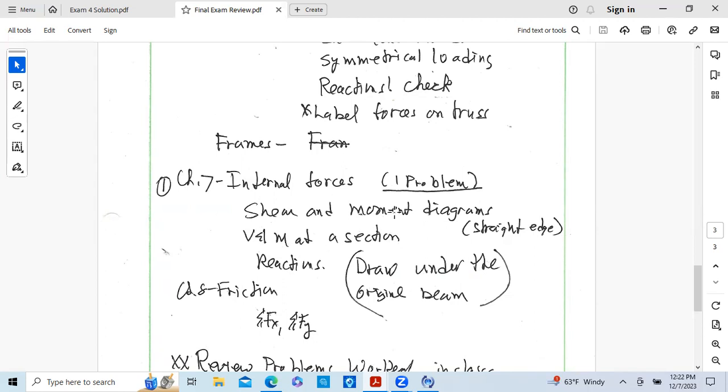May ask you to write an equation in one of the sections, that type of thing. Make sure you have your straight edge to do this. And reactions are correct, obviously. Draw your diagrams underneath the given beam. Don't draw something off to the side.